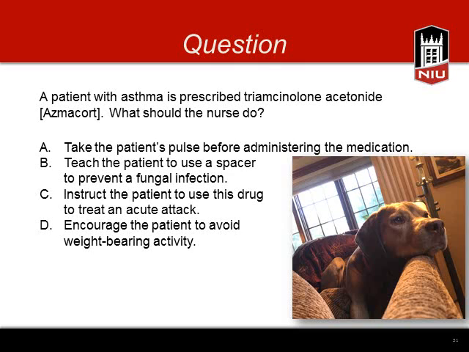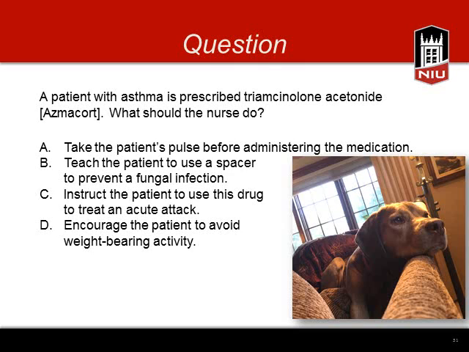Answer is going to be B. So it is an inhaled glucocorticoid, an inhaled corticosteroid. Spacers disperse the medication into the lungs, leaving less in the oropharyngeal mucosa. As a result, this decreases the incidence of the fungal infection. A is incorrect.